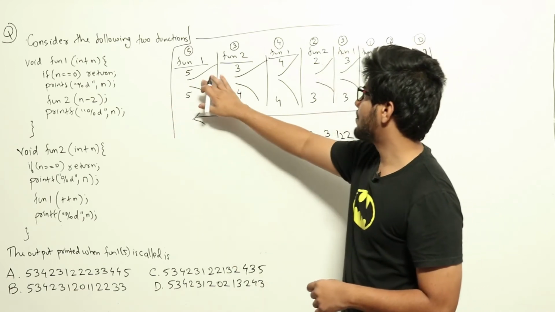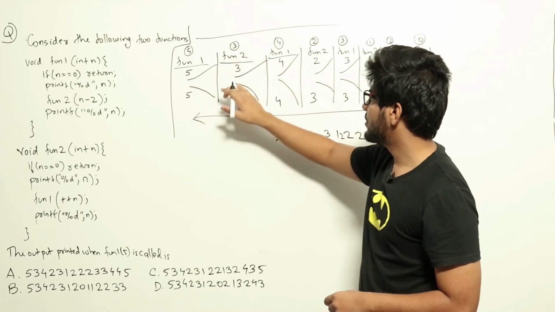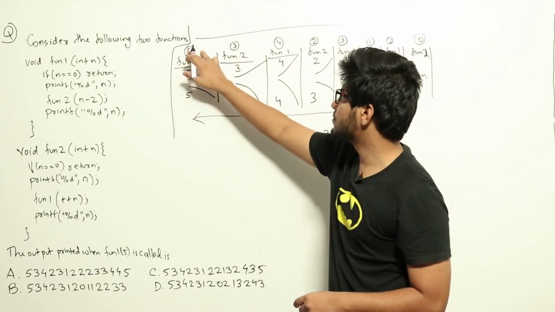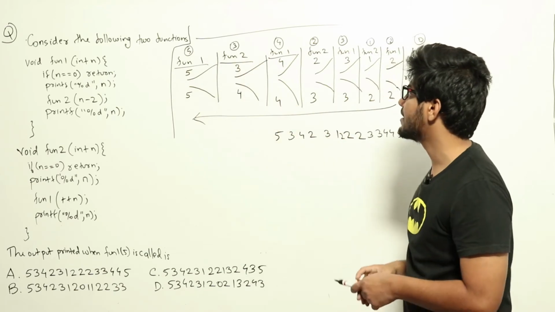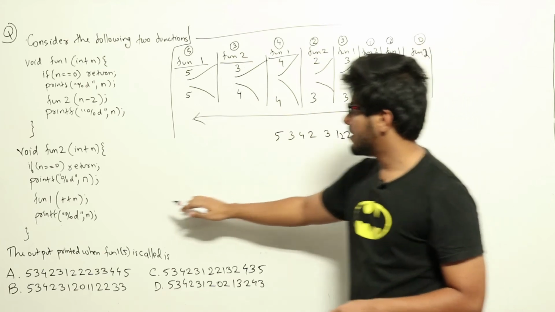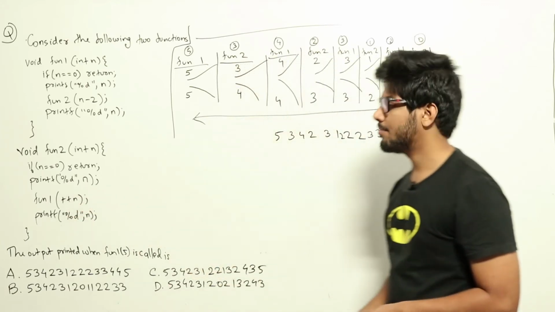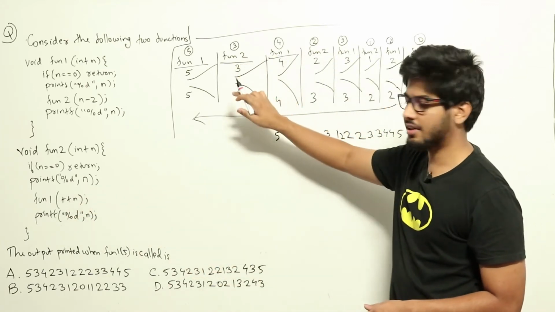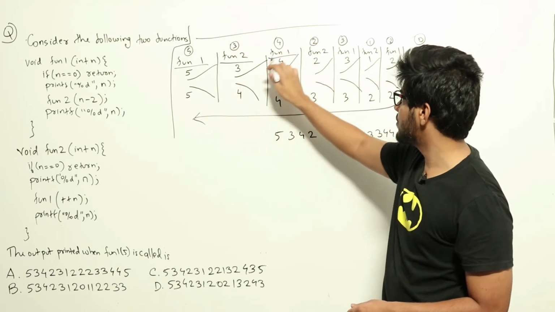Now let us see what happens when we are calling fun2 with value n minus 2. Since n was 5 here, it will be calling fun2 with value 3. When we do that, it will be printing 3 initially, and then it will call fun1 with ++n, meaning this value of 3 is getting incremented. So it will call fun1 with value 4.